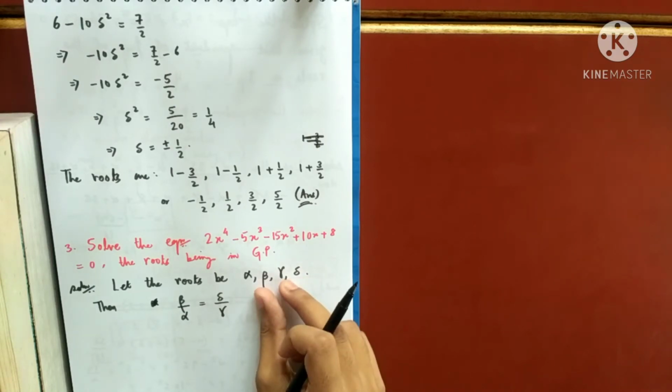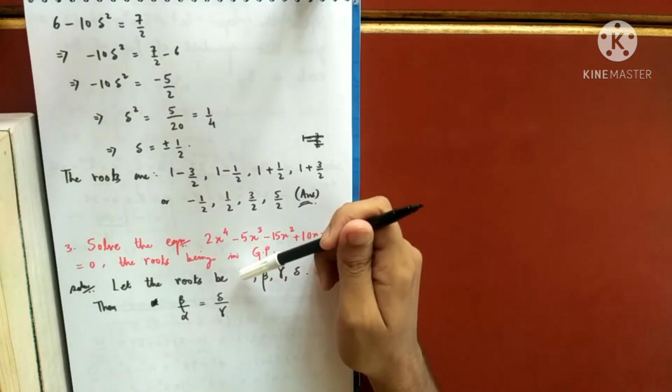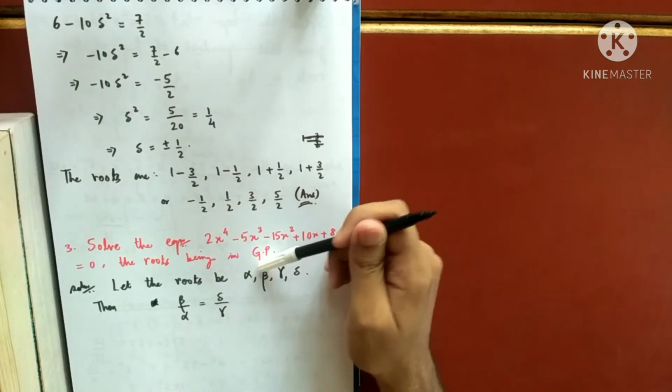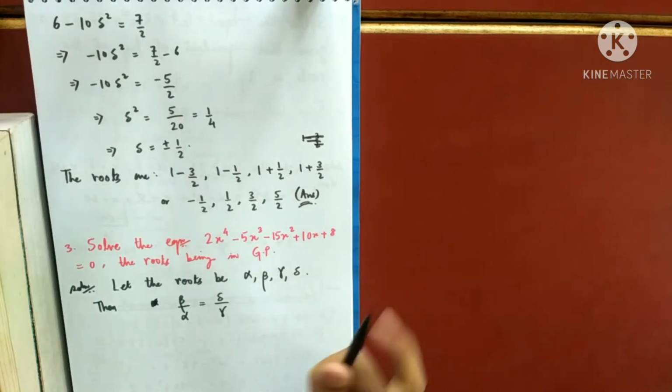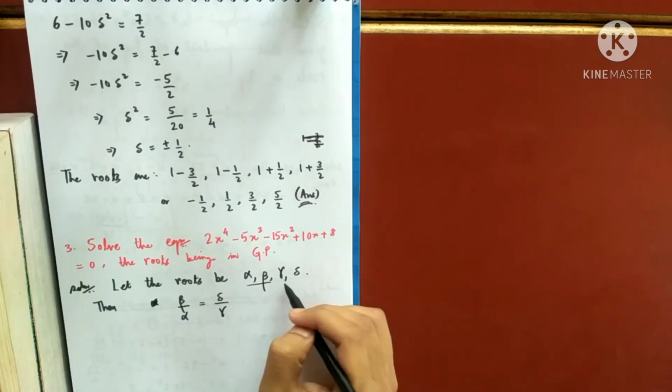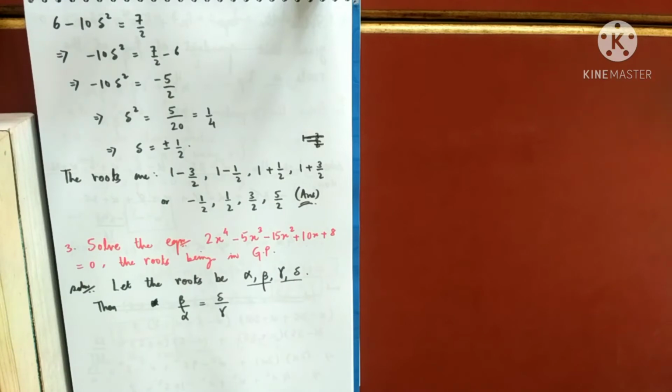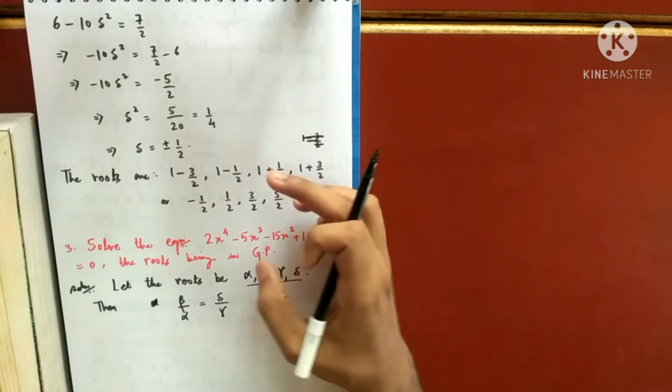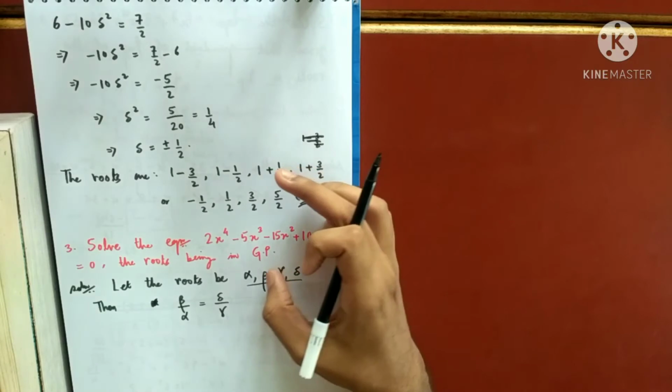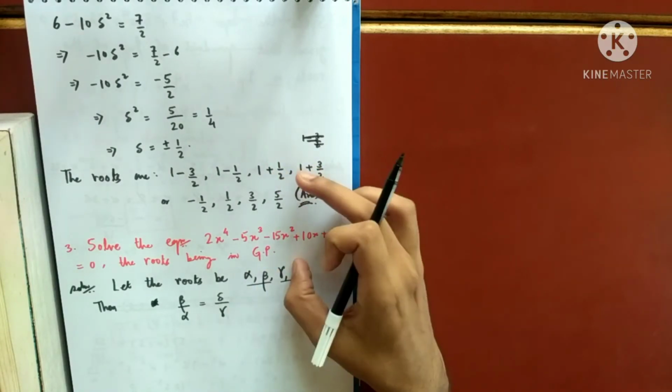Anyway, the ratio of beta by alpha and the ratio of delta by gamma will be the same for sure. This is by the definition of a GP, because they are in GP.